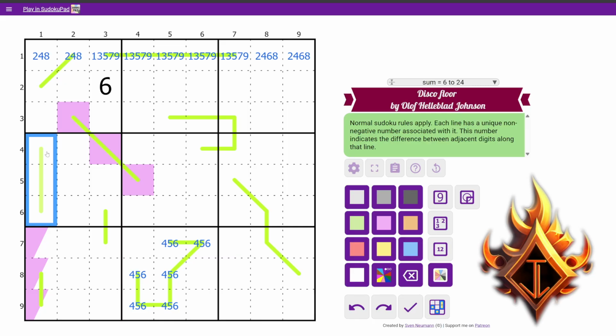What can this be? It can be 1, 4, it's going to be modular numbers. It's going to be 147, 258, or 369.